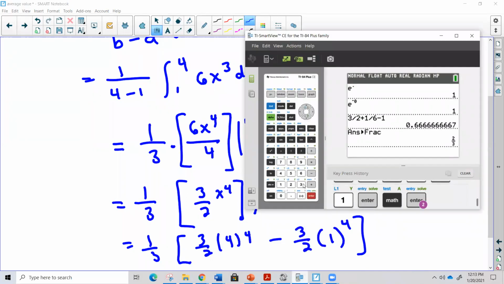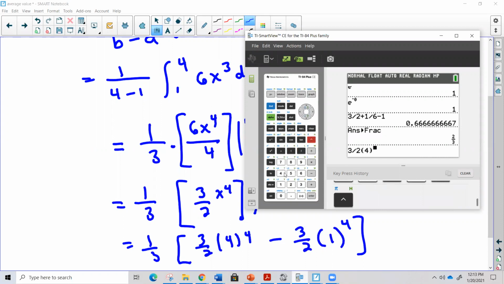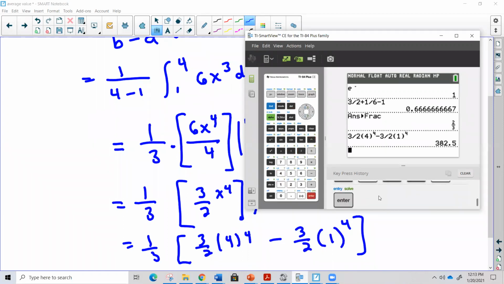I'm going to type this all in at one time. So I have 3/2 times 4 to the fourth, minus 3/2 times 1 to the fourth. You can just put 3/2 for the second part because it's going to come out to 3/2.